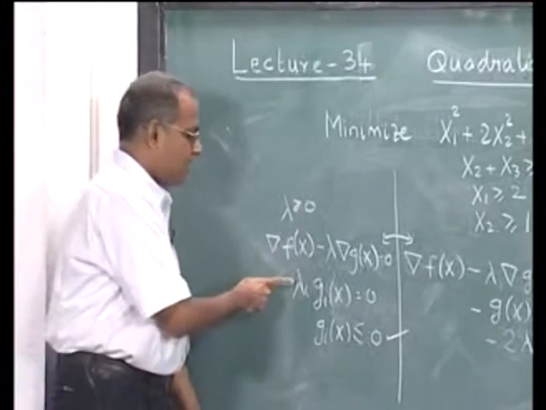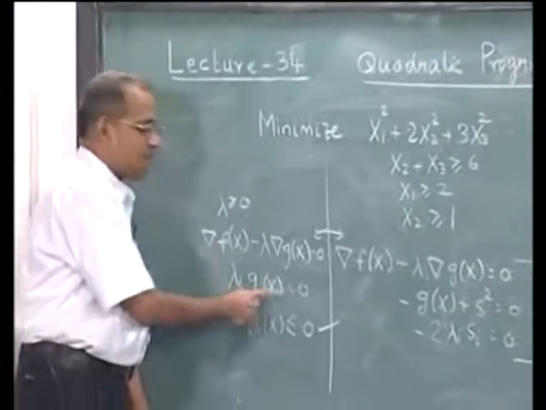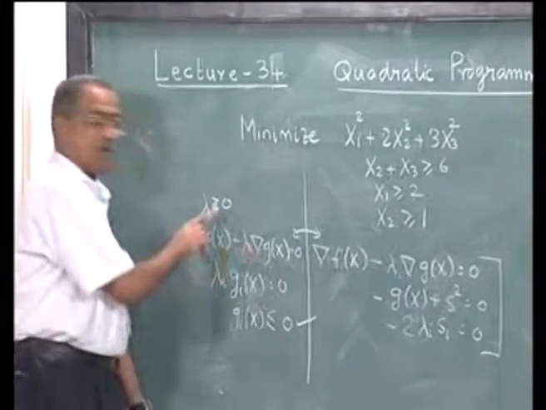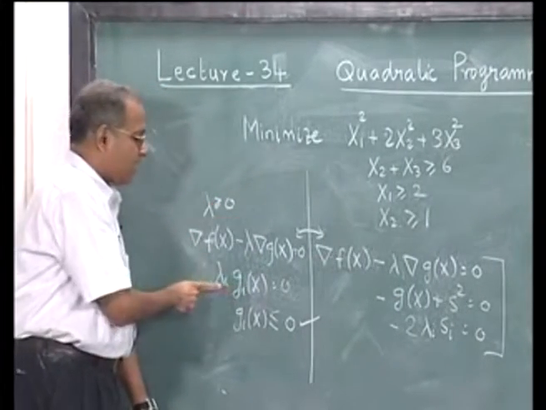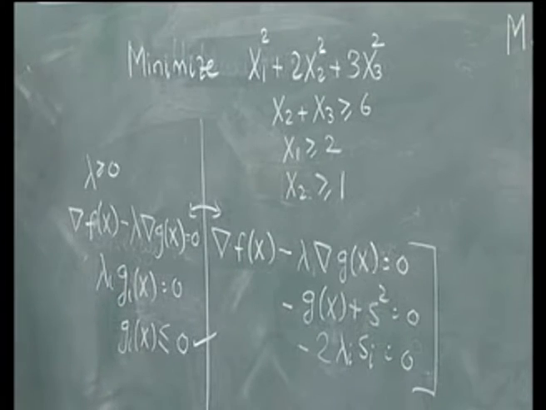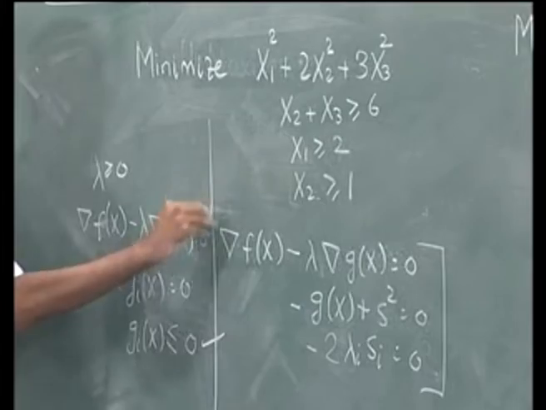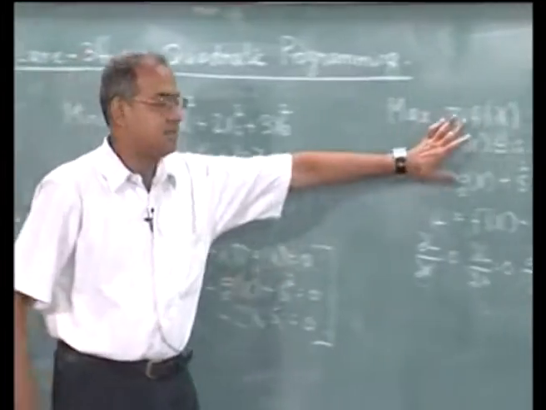Therefore, we get lambda_i into g_i of x equal to 0. So, this is now replaced by lambda greater than or equal to 0 and lambda_i g_i of x equal to 0. This is a general form that we will use to solve problems of this type.